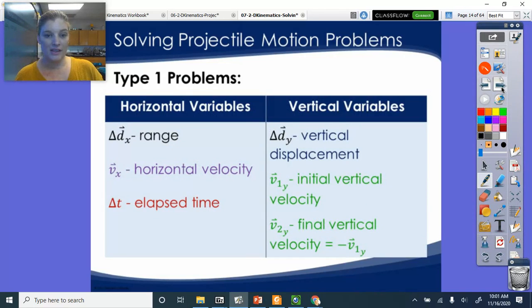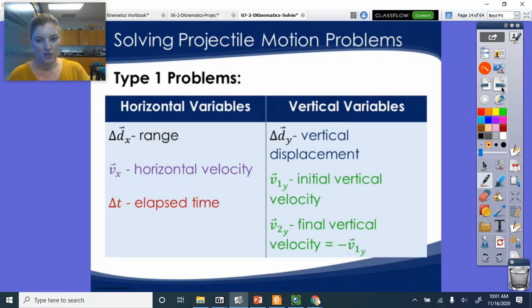So this is our kind of split of our horizontal and vertical variables. In the horizontal, all that we really care about is our displacement in the x, so our range, how far it's going, our velocity in the x, and then our elapsed time. In the vertical, we have our displacement in the y, which is from start to finish, and half of that gives us our max height.